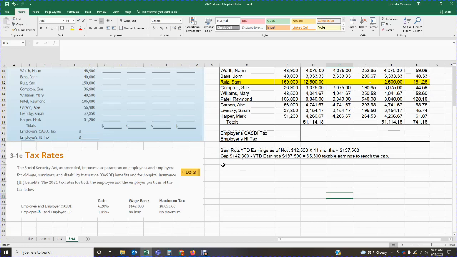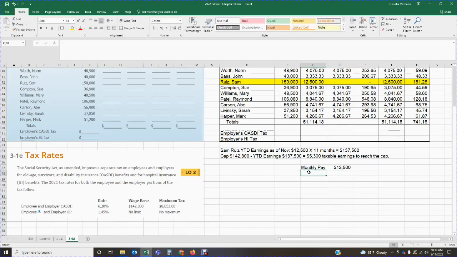So if I take my cap amount of $142,800 minus my year-to-date earnings as of November, which were $137,500, that means that in the December paycheck, I only have to pay taxes on $5,300. Anything above that is not taxable.